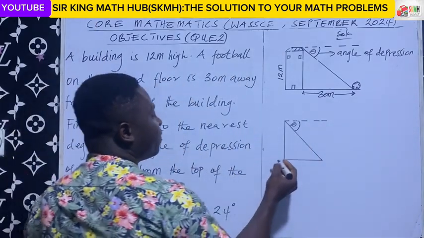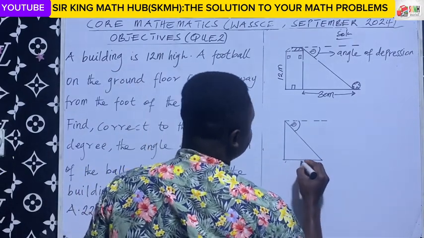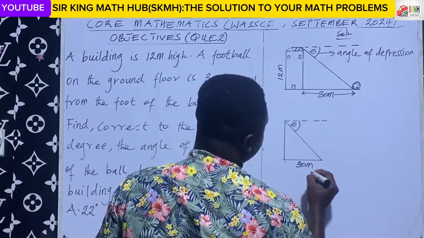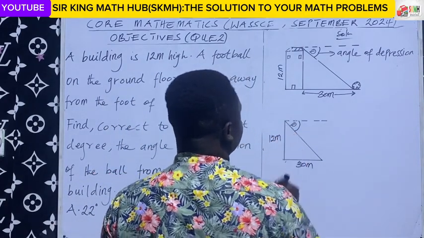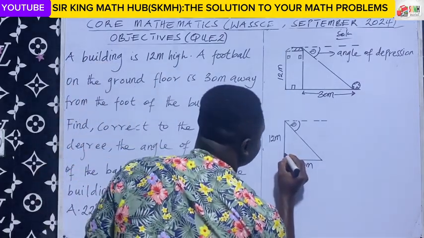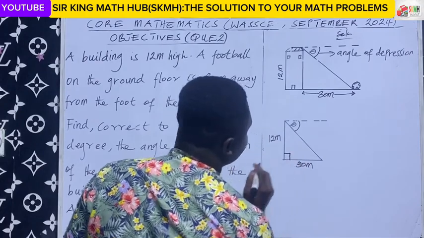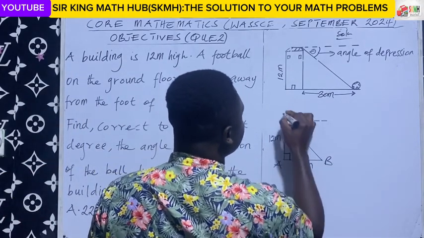Now the distance from the foot of the building to where we have the football measures 30 meters. And then the height of the building was given us 12 meters. So as you can see, the building meets the ground at an angle of 90 degrees. I'm naming this triangle as triangle ABC.